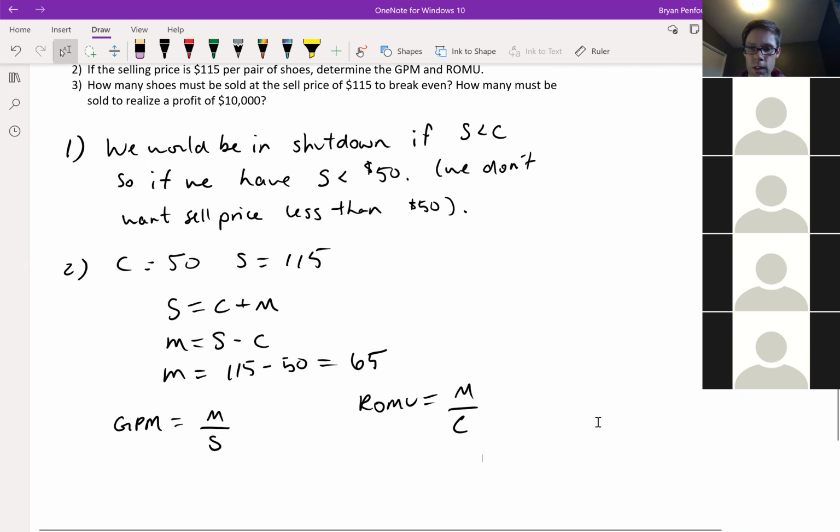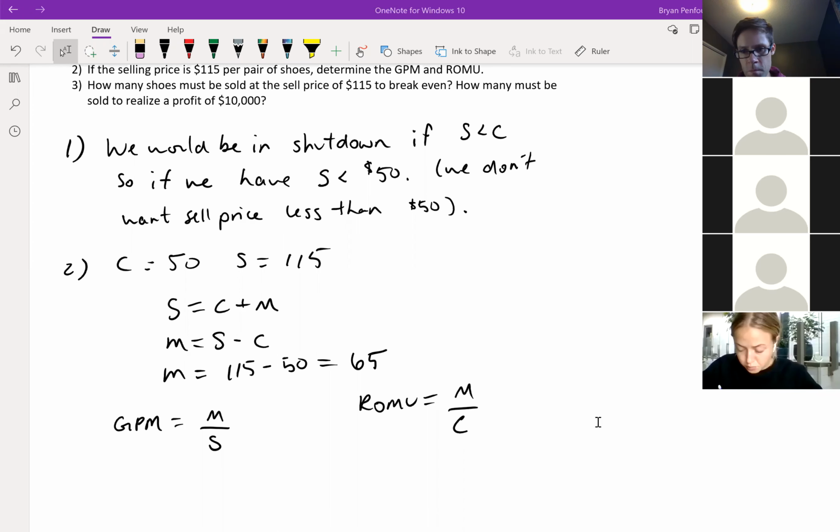From here we can utilize our ROMU and GPM formulas. I personally like these ones a little bit more because they're relatively straightforward. I just put the markup divided by the sell price, or the markup divided by the cost price.